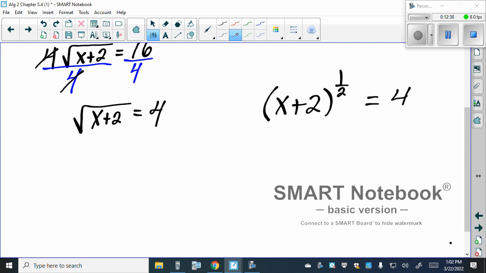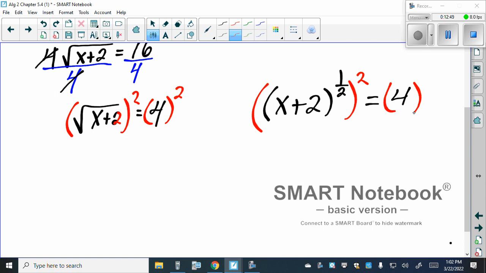So when we come over here and say that we're going to take both sides to the nth power, here the second power, well, as we use our little shortcut and say that these cancel out, it will leave us with just x plus 2.